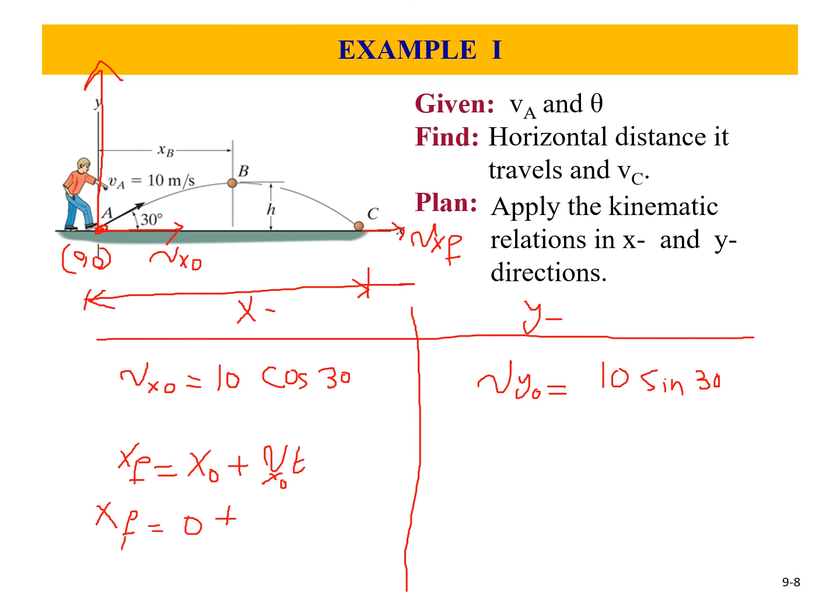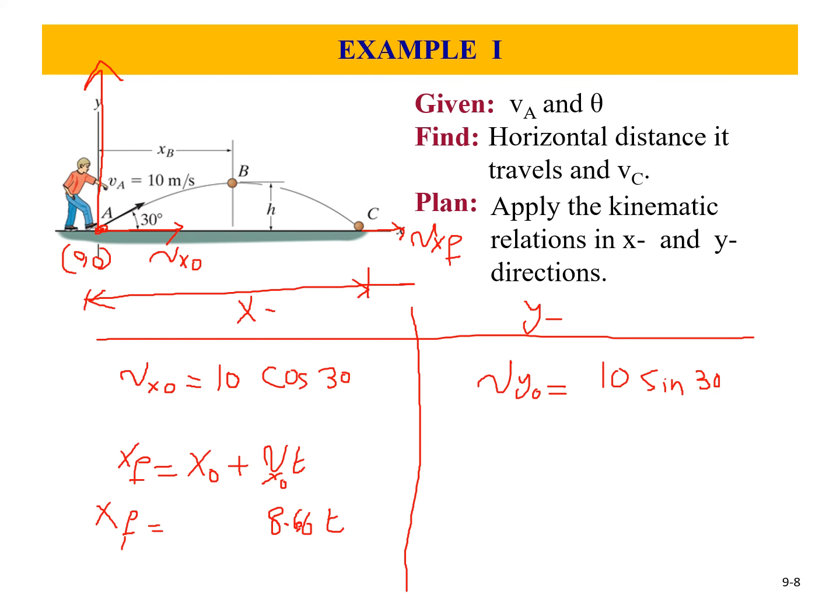Do you have a calculator? 10 multiplied by cosine 30. Yeah, 8.66. So 8.66 t, right? That's the time it's going to take the ball to reach the other point. Now, I don't want the 0, so x final equals 8.66 multiplied by t, correct?